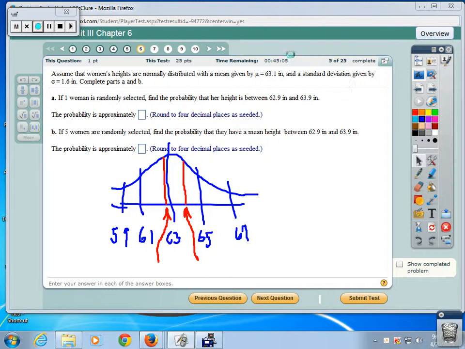62.9 minus 63.1 divided by 1.6. What do you get? It's going to be negative. What is it? Okay, it wasn't that complicated. 62.9 minus 63.1 divided by 1.6.